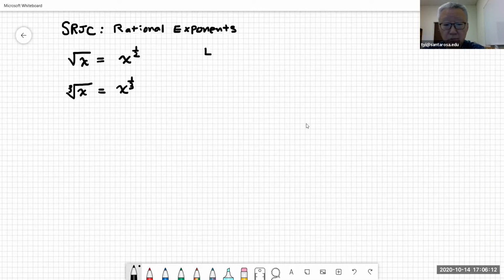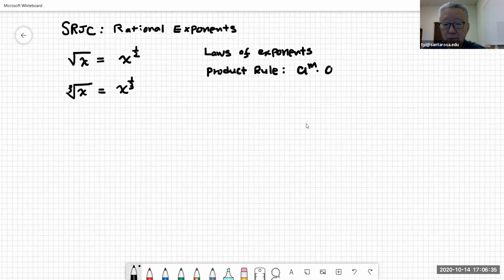So you're going to have to go back now. The laws of exponents apply. Okay. So the product rule: a to the m times a to the n is going to be a to the m plus n.